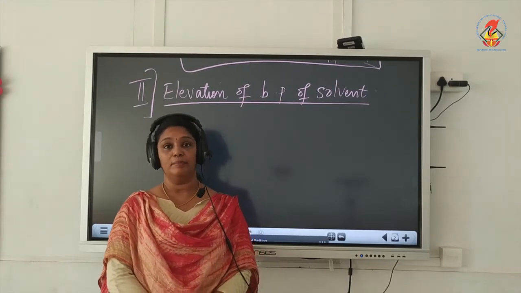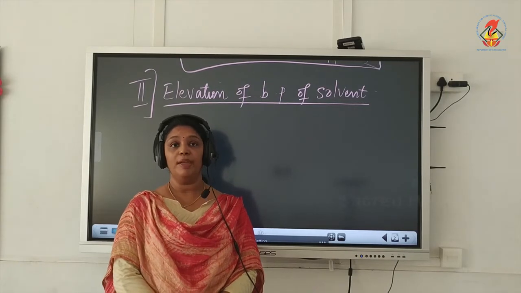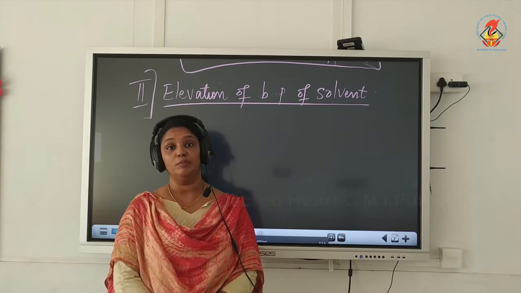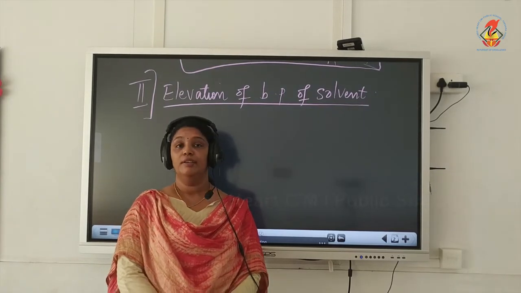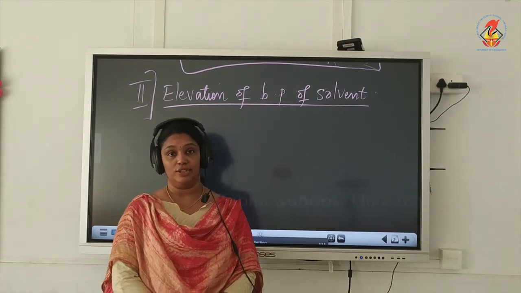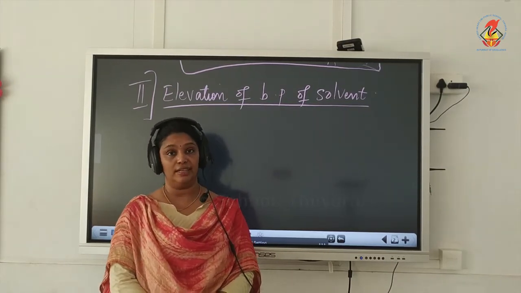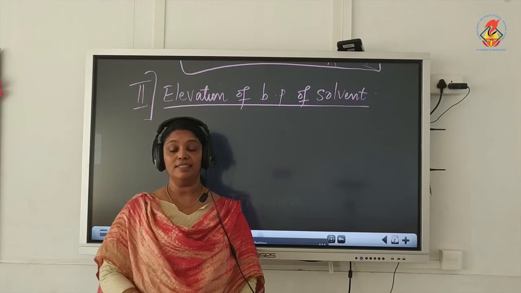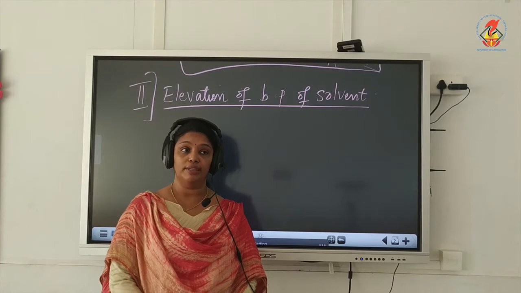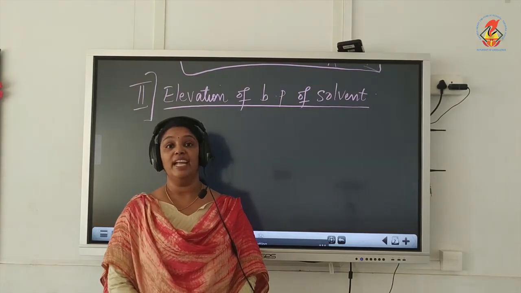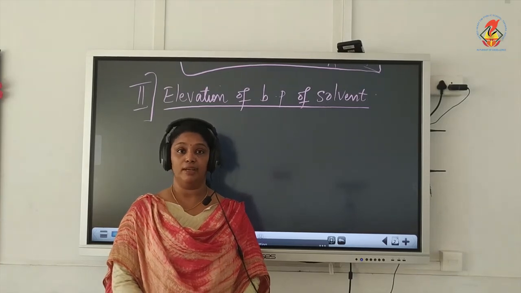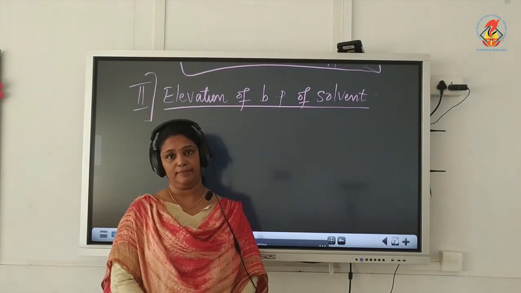Boiling point is the temperature at which the vapor pressure of the liquid equals atmospheric pressure. We know that the boiling point of water is 100 degrees Celsius, or 373 Kelvin. At this temperature, that is at 373 Kelvin, the vapor pressure of water will be equal to the atmospheric pressure, and atmospheric pressure is usually taken as 1 bar or 1.013 bar.